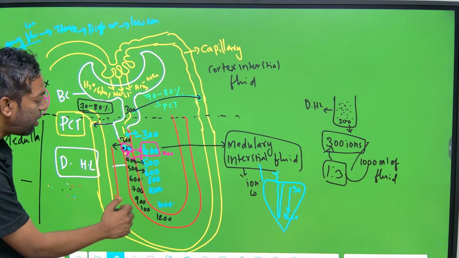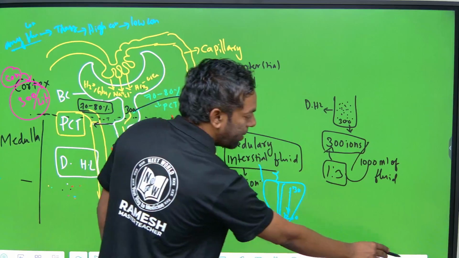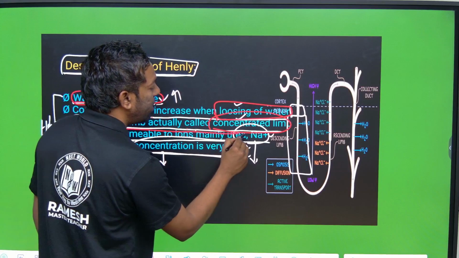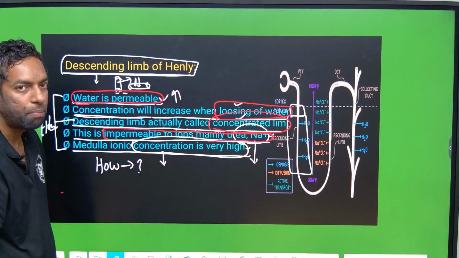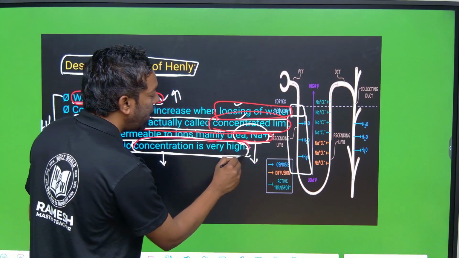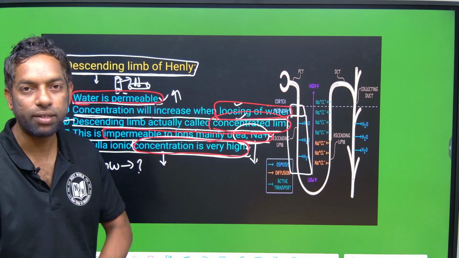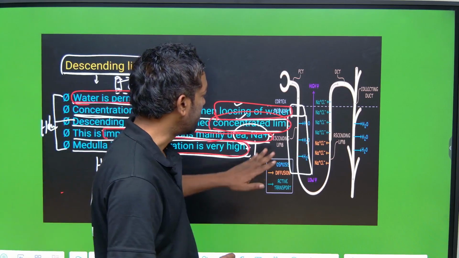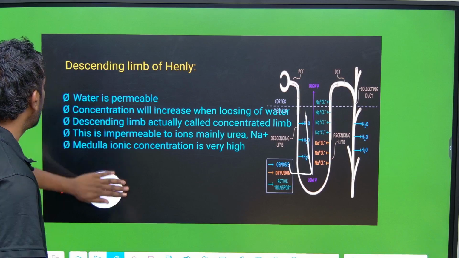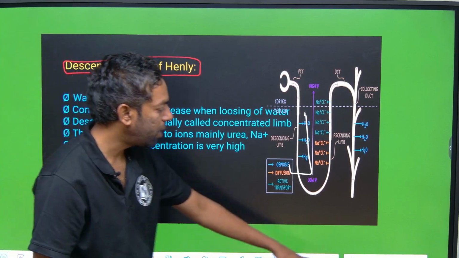That is why we call the descending limb of Henle the concentrated limb. And it is impermeable to ions like sodium. Ionic concentration is very high, so in the descending Henle limb the ionic concentration is high. This is the action that takes place in the descending Henle limb.